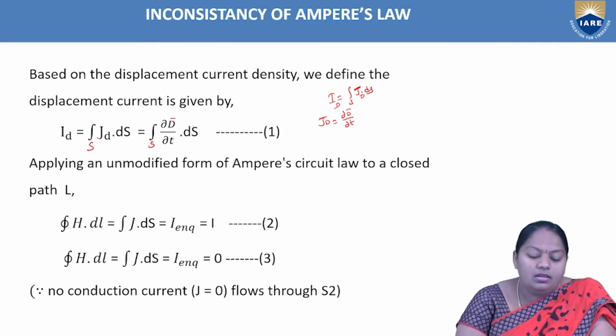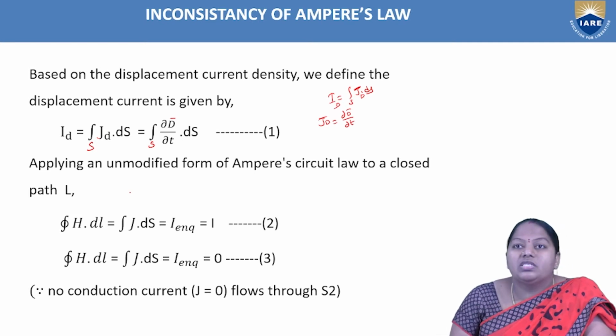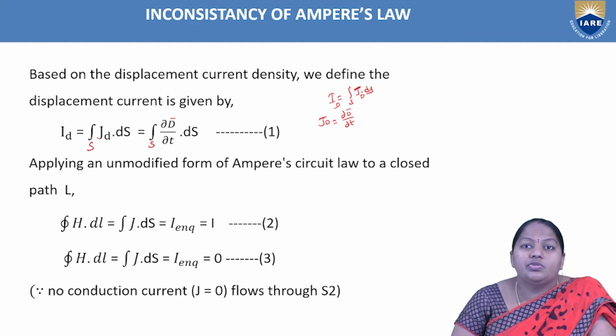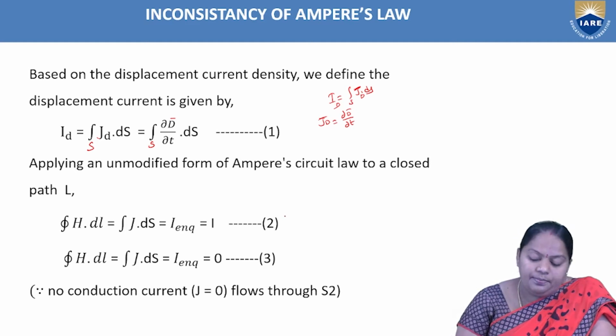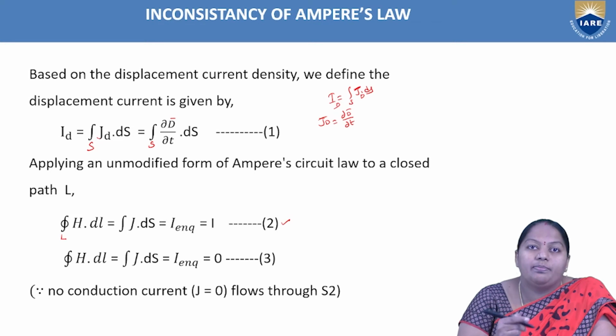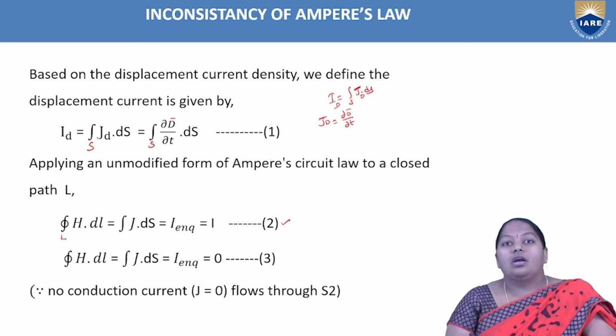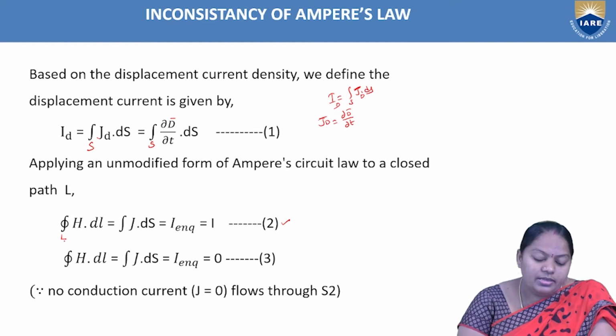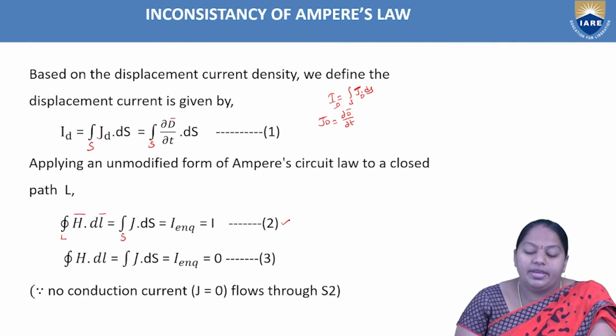Right? Then applying an unmodified form of Ampere's circuit law to a closed path L. Previously we have seen the two diagrams. In the first figure, the full circle resembles the closed line integral over L, because that path is considered closed. Hence we represent it as closed line integral over L of H dot dl equal to integral over S of J dot dS.